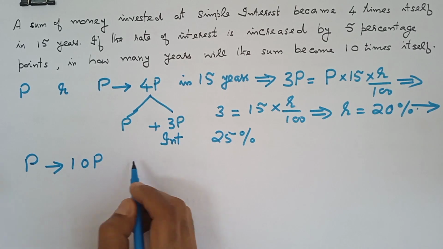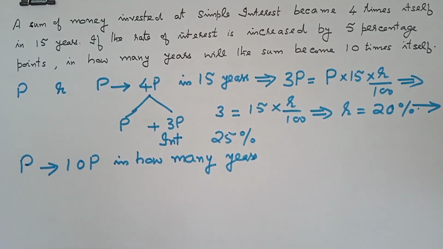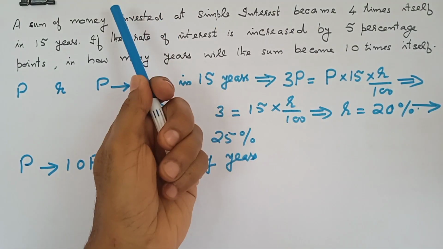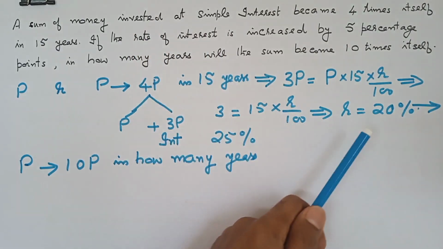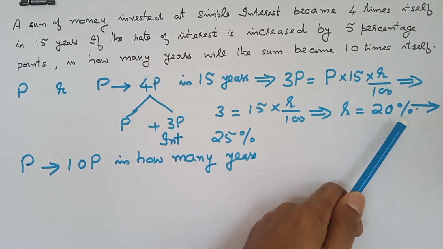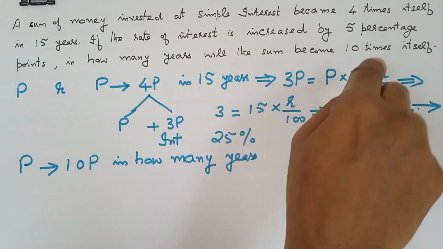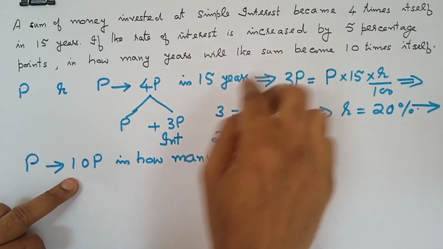In how many years? We don't know. That is the question. So basically, there was a rate of interest which we found out to be 20% from the first sentence given in the problem. And then in the next sentence, they say this rate gets increased by 5 percentage points. So it becomes 25%. And at that rate, the same sum becoming 10 times itself in how many years?